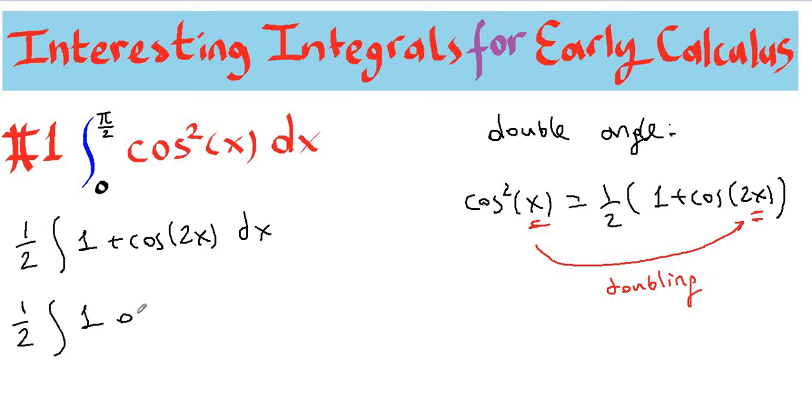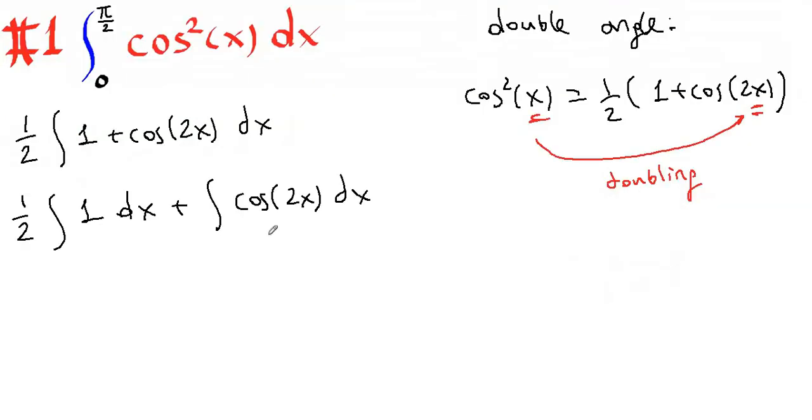So we have the integral of 1 dx plus the integral of cosine of 2x. We know how to find the antiderivative of 1 with respect to x, which is just x, from lower boundary to the upper boundary. In our case, from 0 to pi over 2.